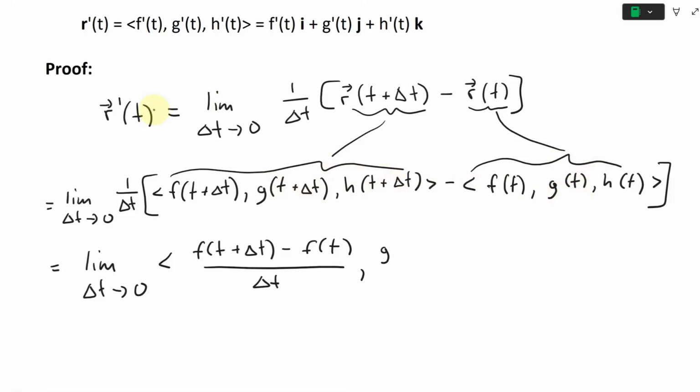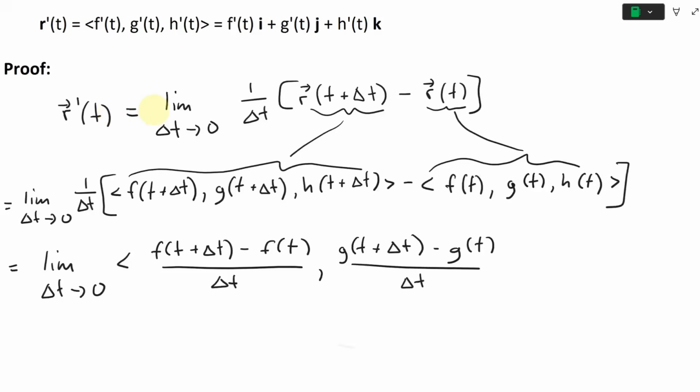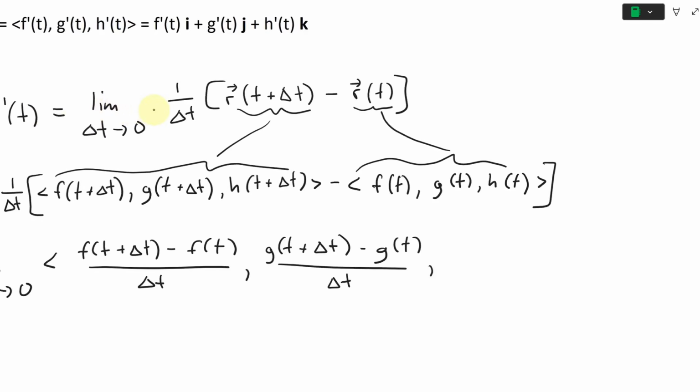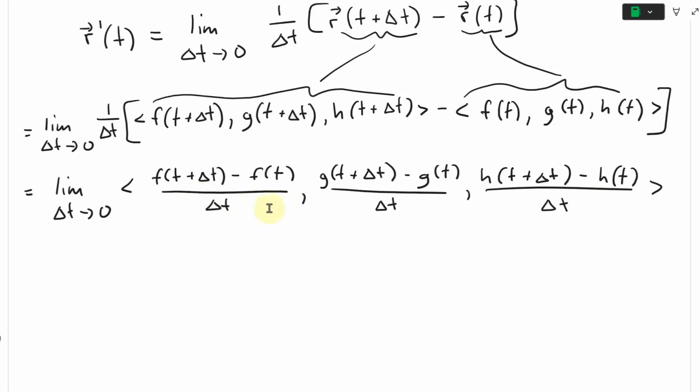The next one is h of t plus delta t, and then minus h of t, divided by delta t, and then close bracket like that. All right, and here I quickly just shrunk that to fit in as well.